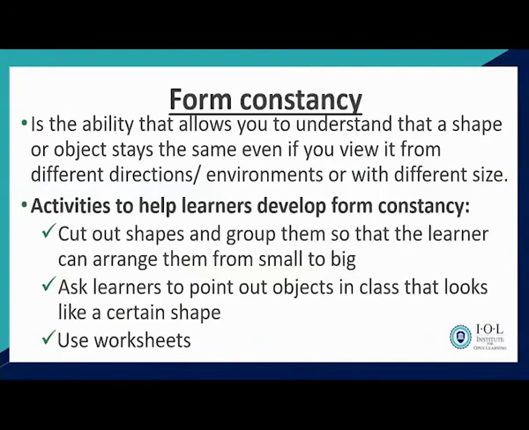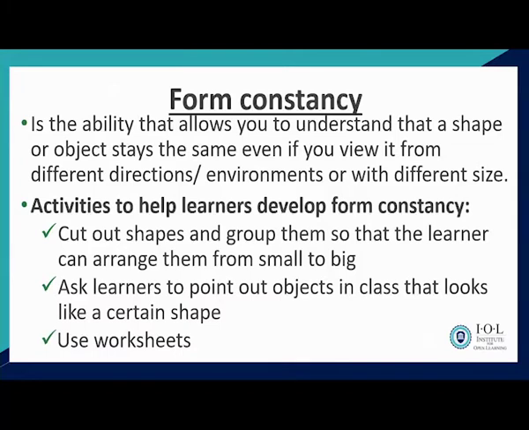Right, now what is form constancy? Constancy, when something is constant, when it's the same. It is the ability that allows you to understand that a shape or object stays the same even if you view it from a different direction or in a different environment or with a different size.